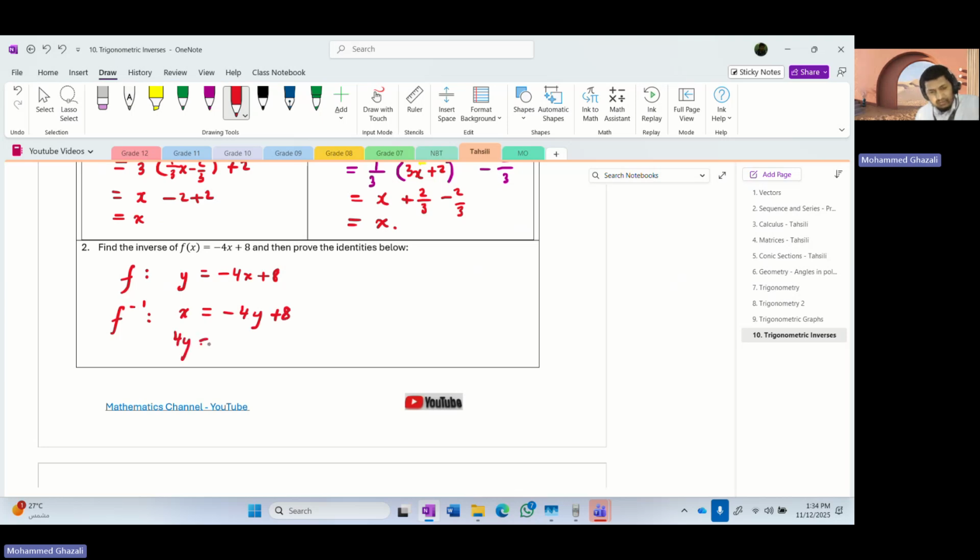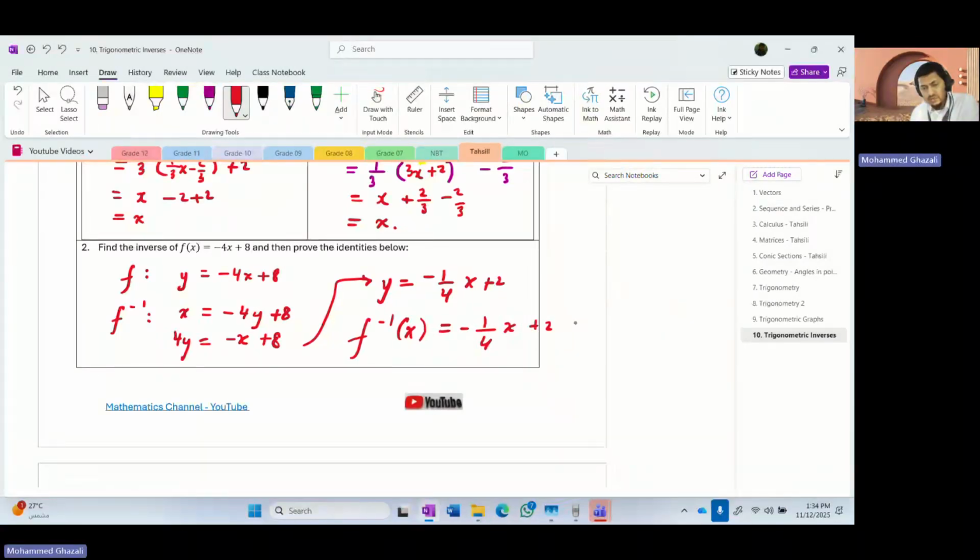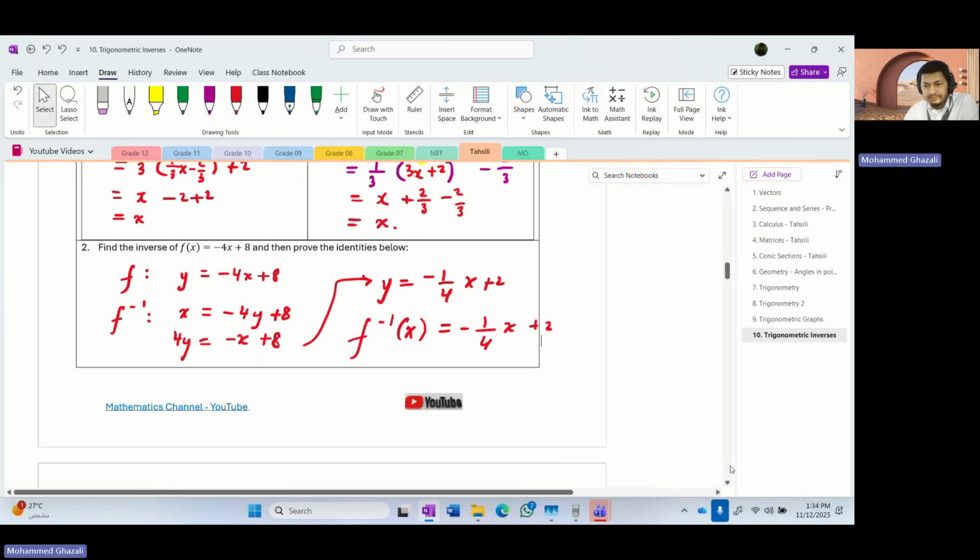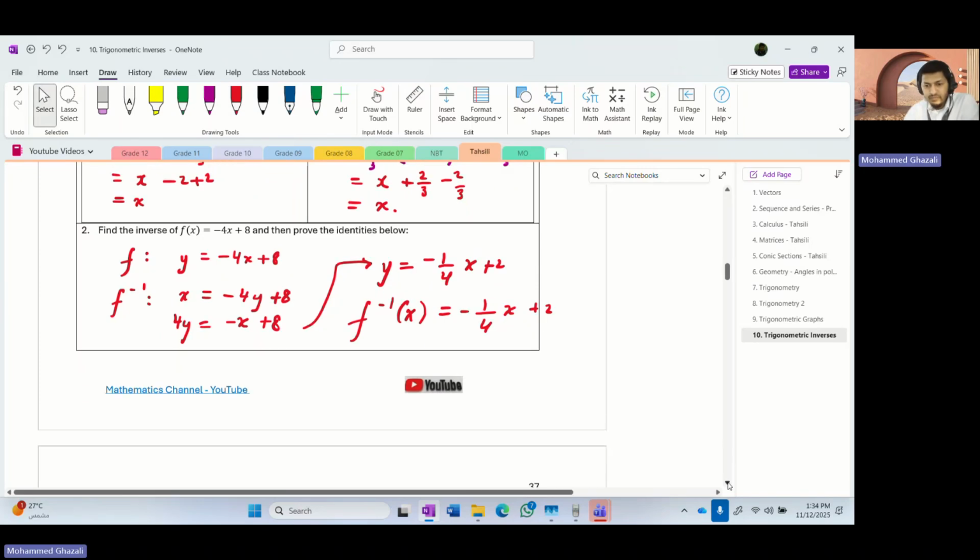Bring the 4y over, so we get 4y. Bring the x over, you get negative x plus 8. Now divide everything by 4. So y is equal to negative 1 over 4x, and 8 divided by 4 is plus 2, which is the inverse function. F inverse x is negative quarter x plus 2.